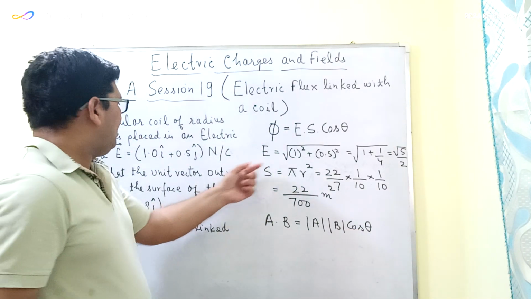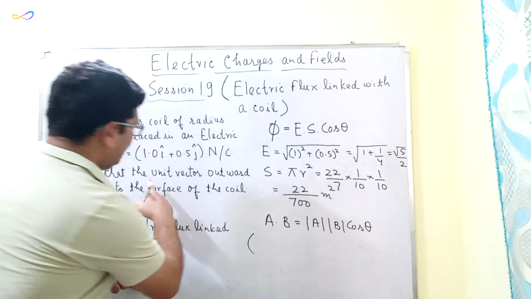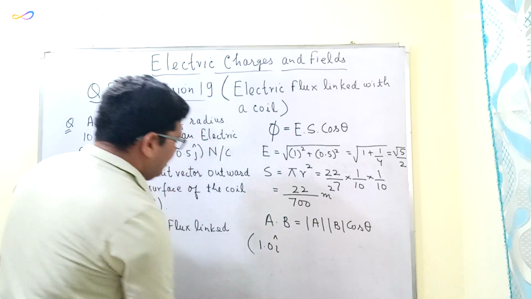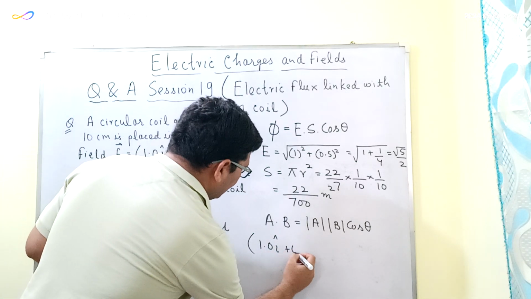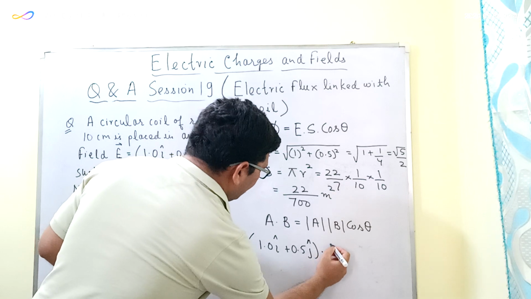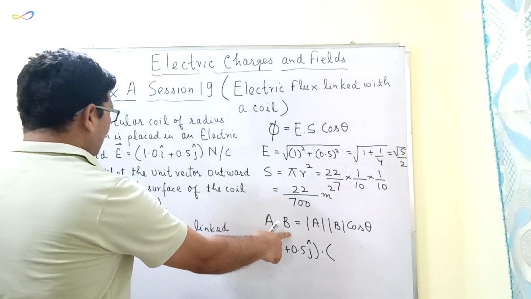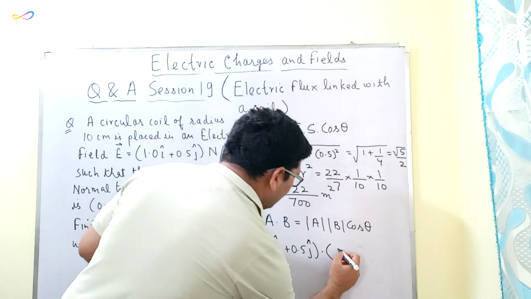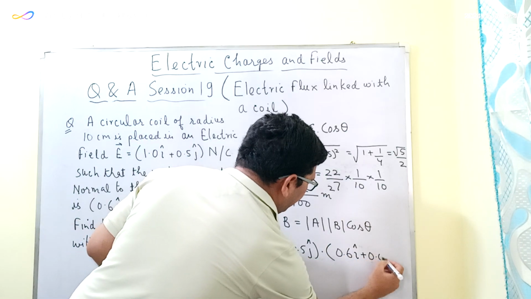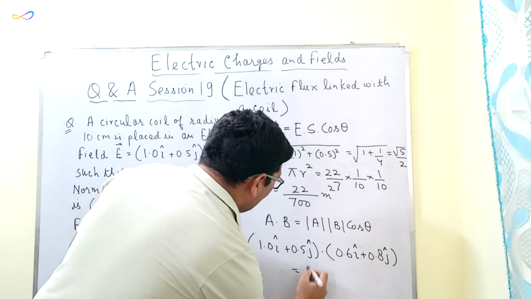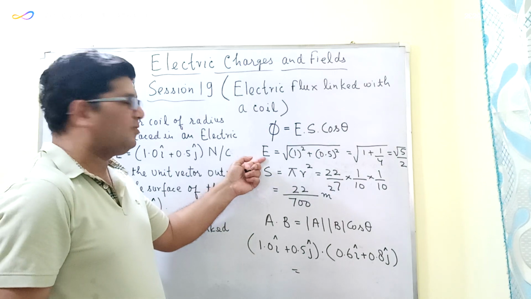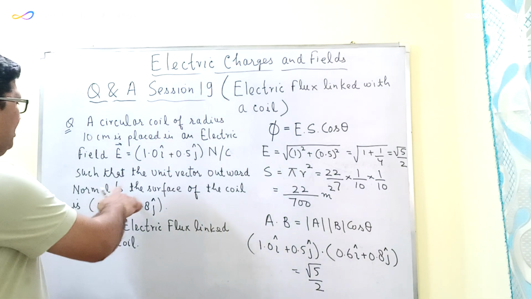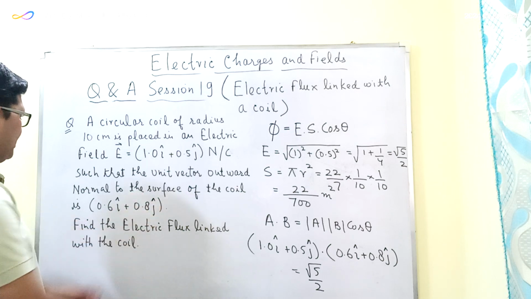So here let us take this vector A as the vector E, which is equal to 1.0 i cap plus 0.5 j cap, dot B. So here the unit vector which is outward normal to the surface of the coil is equal to 0.6 i cap plus 0.8 j cap, and this is equal to mod A. Now mod A here is the magnitude of the intensity of electric field, which is equal to root 5 by 2, and the outward normal to the surface of the coil is given by this unit vector.